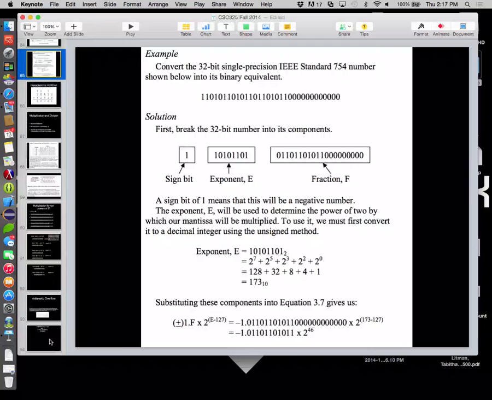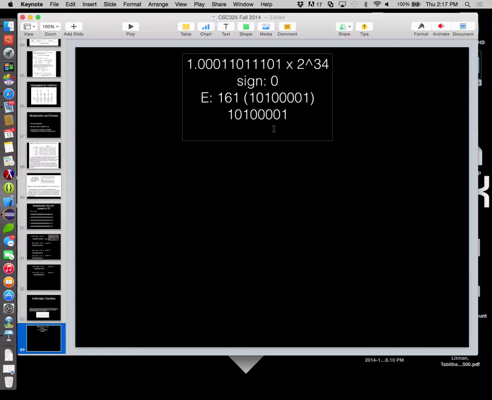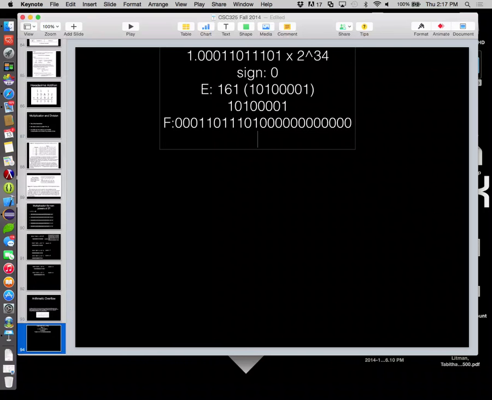That's called F. So F is that. And how many bits should this be? 23 bits? Do we put the zeros before or do we put the zeros after? Okay, so this is 1, 2, 3, 4, 5, 6, 7, 8, 9, 10, 11, 12, 13, 14, 15, 16, 17, 18, 19, 20, 21, 22, 23. Okay?